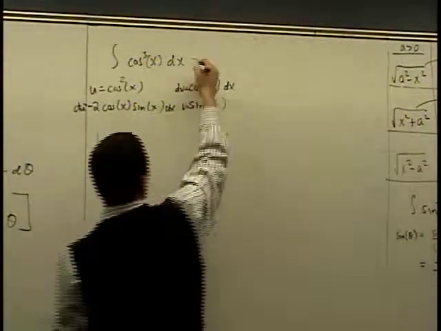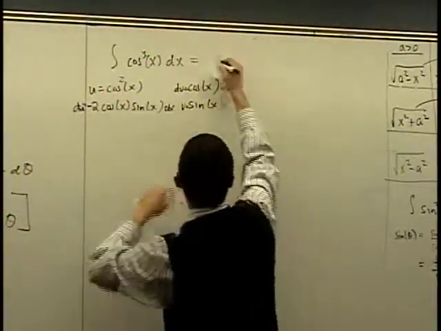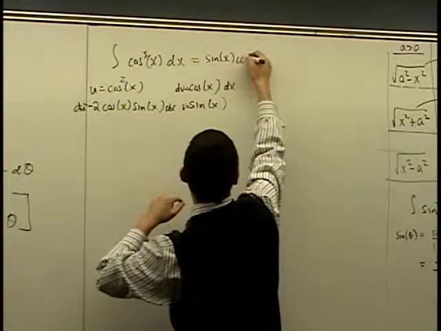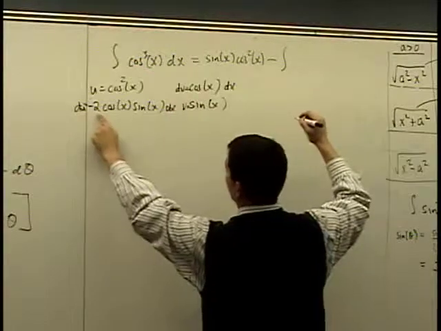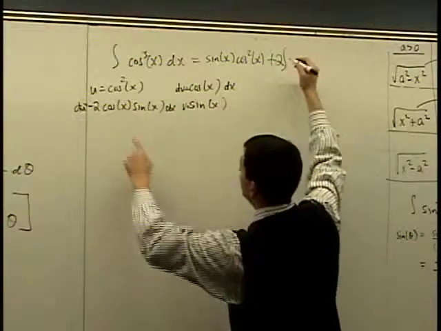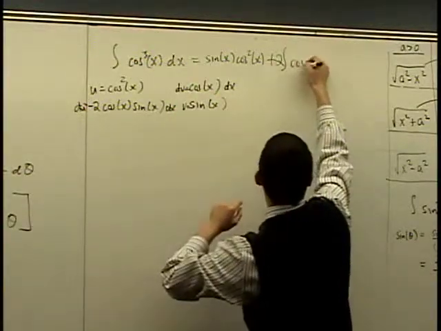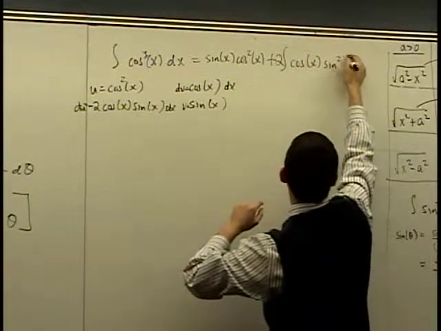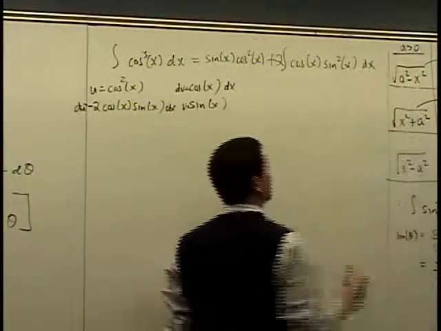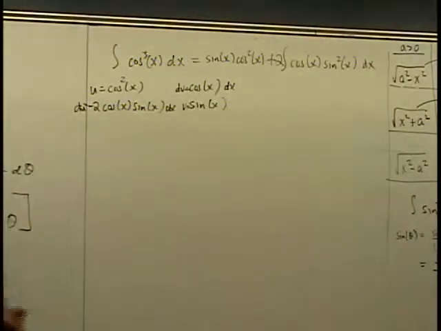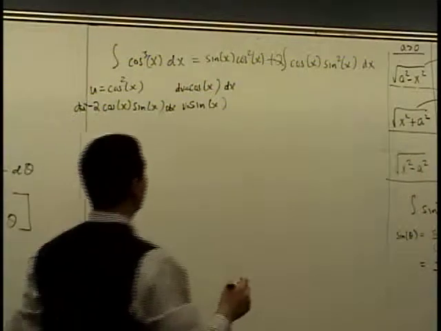So this integral becomes uv, which is sine of x cosine squared of x, minus the integral of v du. So we get plus 2, we have cosine of x sine squared of x dx, which looks horrible, but what am I going to do with that sine squared? 1 minus cosine squared.